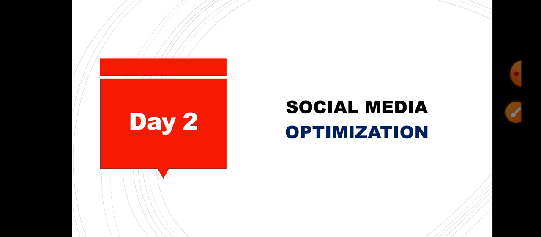The way you do that is by optimizing your social media. Here we are going to be focusing on WhatsApp, using WhatsApp Business, and also your Facebook page. Of course, whatever we apply for the Facebook page, you can also apply to your Instagram page. Okay, so that's what we're going to be looking at here.